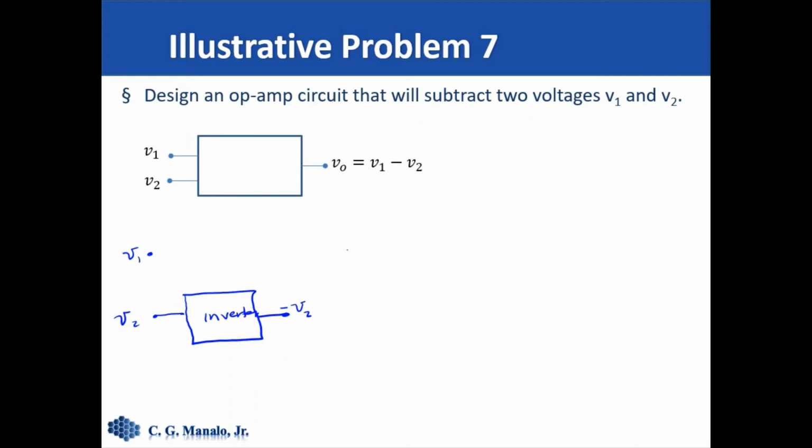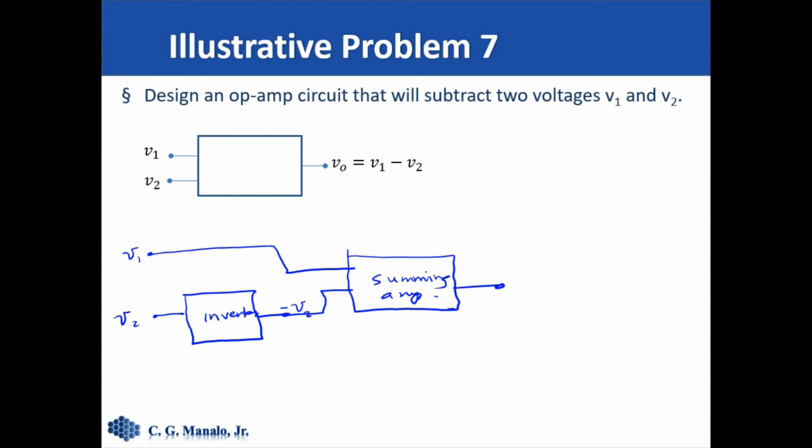And then we will use a summing amplifier to sum up these two, so that what will come out is V sub 1 plus the negative of V sub 2.